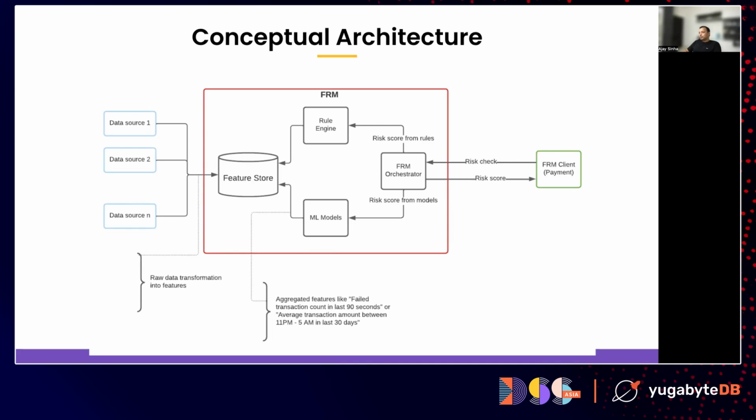We have a custom rule engine which can again look into an incoming transaction, query the feature store and determine the risk score. So any client of this FRM system can send the incoming transaction to FRM, and the FRM system can execute ML models and rules to come up with a final score.